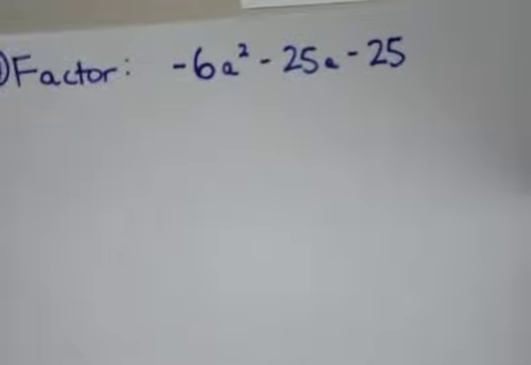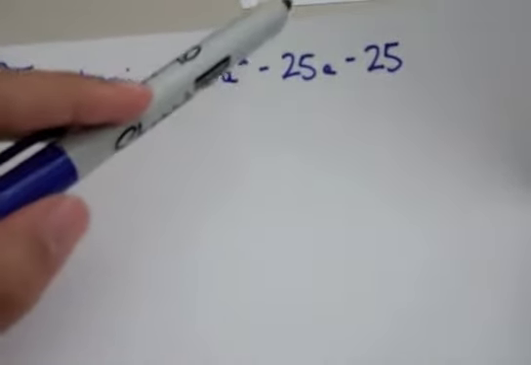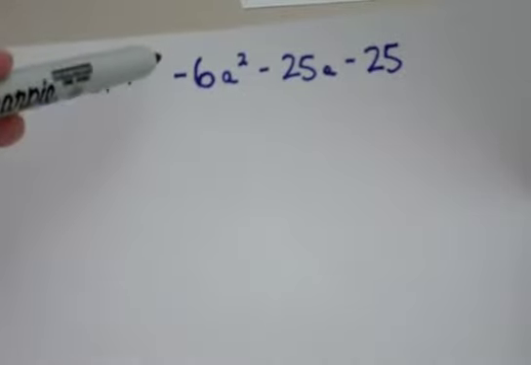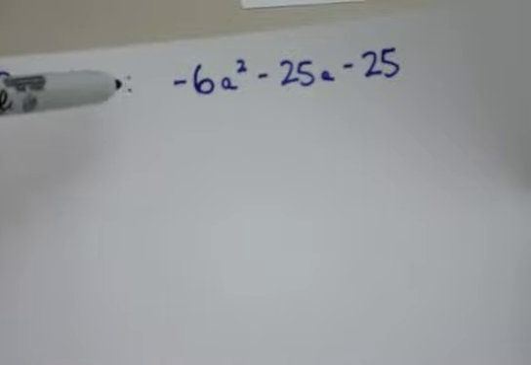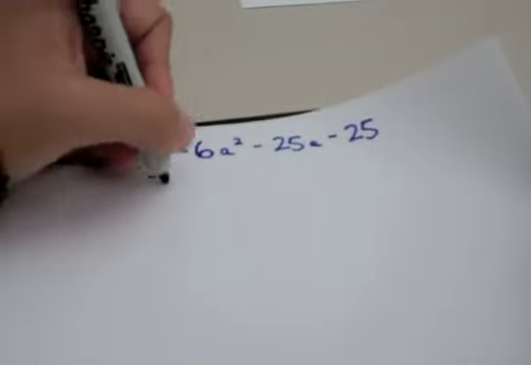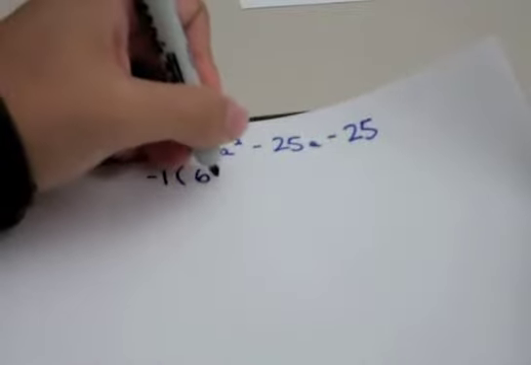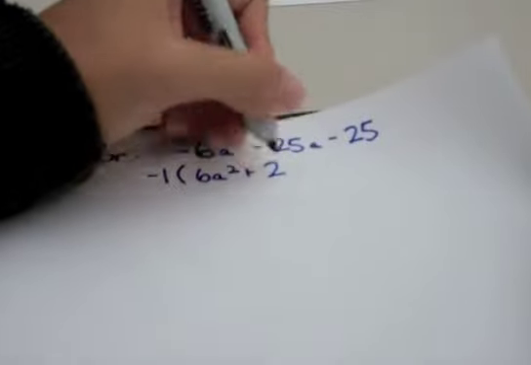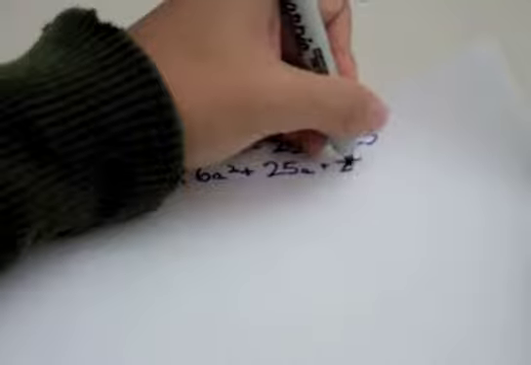So what I see is that there's a negative here, here, here, which means that all of these could be multiplied by -1 if they were positive to give us this same result. So what I'm going to do is pull out my -1, and then here I'm going to have 6a squared plus 25a plus 25.